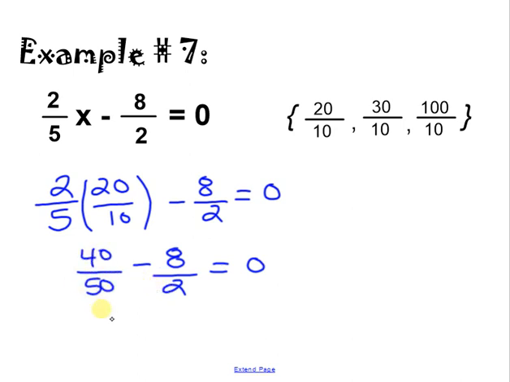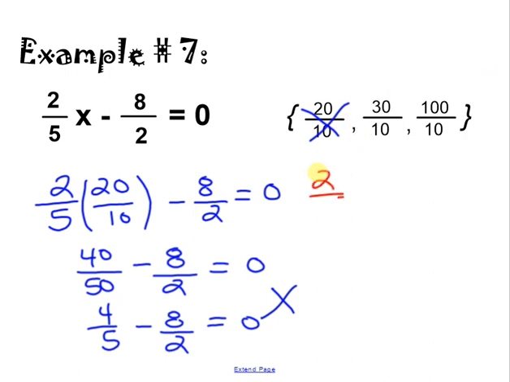To make this one as simplified as possible, it would be 4 over 5 minus 8 over 2 equals 0. Now, in order to get 0, you would need one number minus the same number, correct? So, is it possible that this is the answer? No, it's not. Let's try 30 over 10.